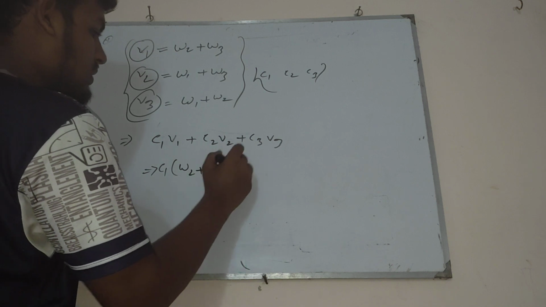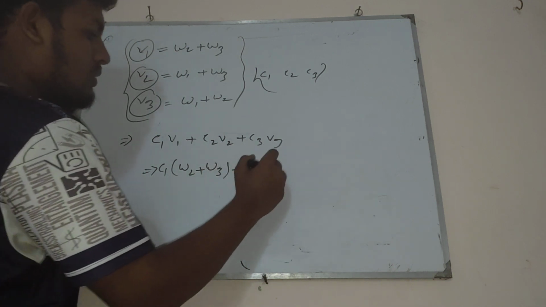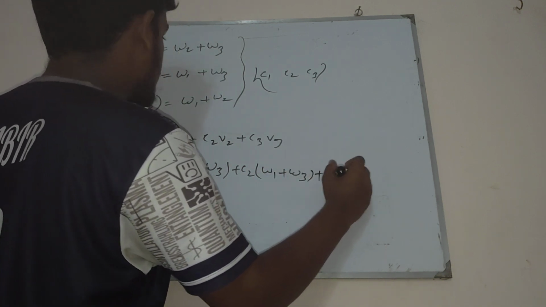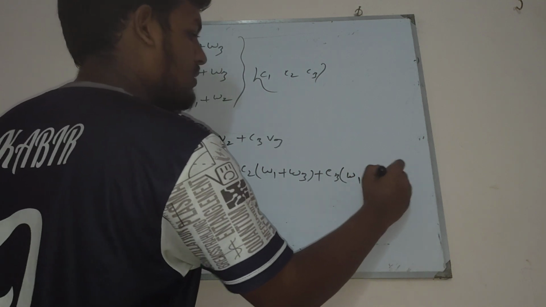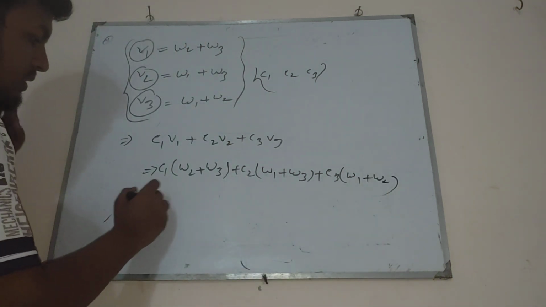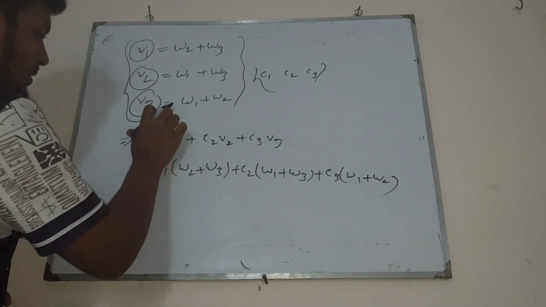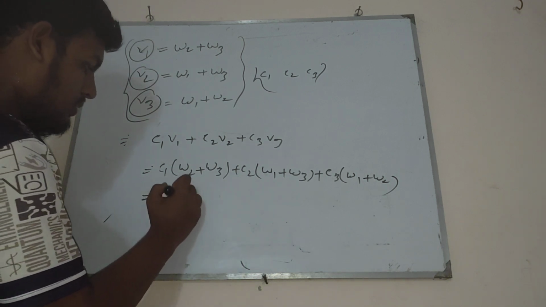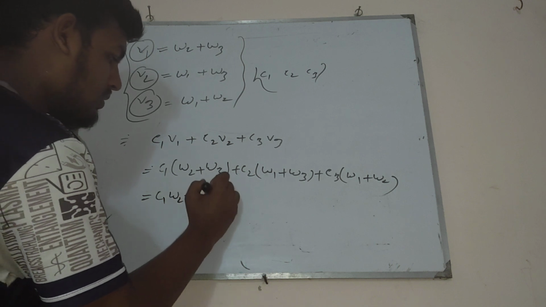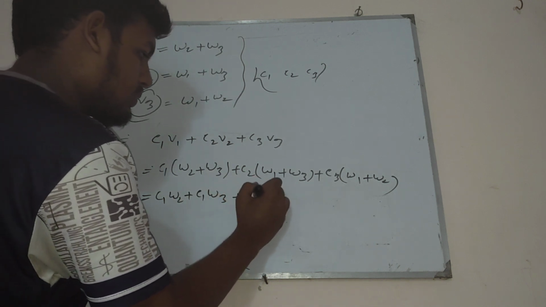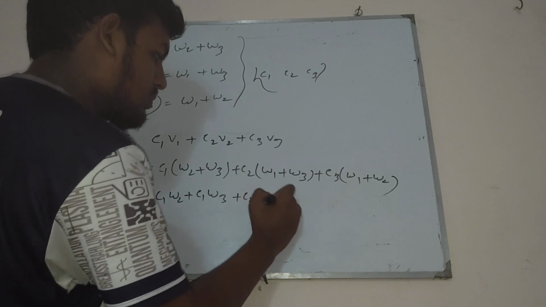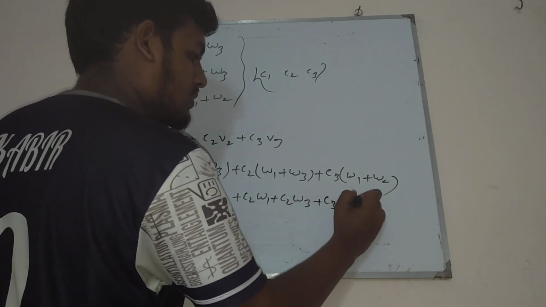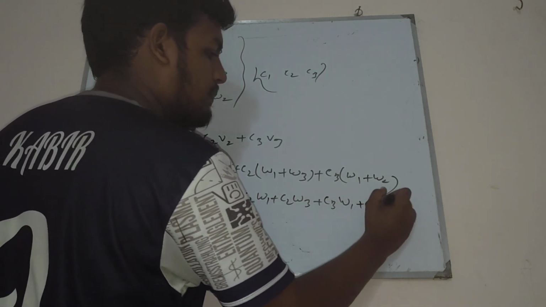Then put the values of v1, v2, v3 here: c1 times (w2 plus w3) plus c2 times (w1 plus w3) plus c3 times (w1 plus w2). So then we multiply the constants with w1, w2, w3, and we get c1 w2 plus c1 w3 plus c2 w1 plus c2 w3 plus c3 w1 and c3 w2.